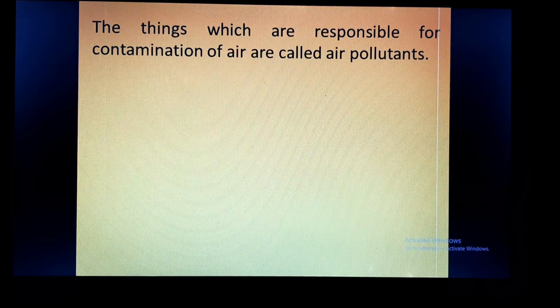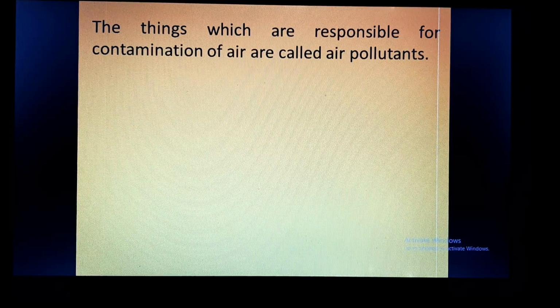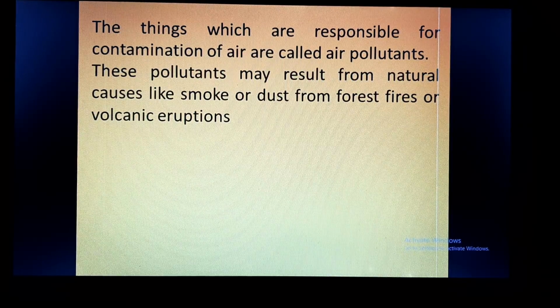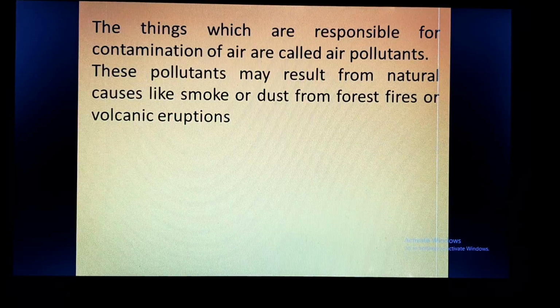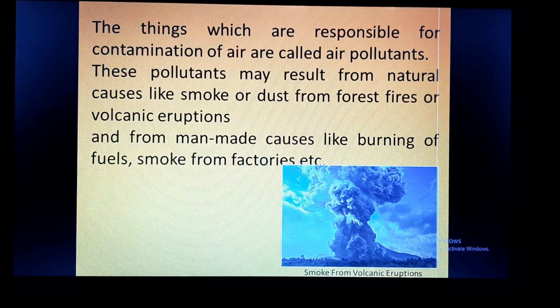So, the things which are responsible for contamination of air are called air pollutants. These pollutants may result from natural causes like smoke or dust from forest fire or volcanic eruptions, or from man-made causes like burning of fuel, smoke from factories, etc.